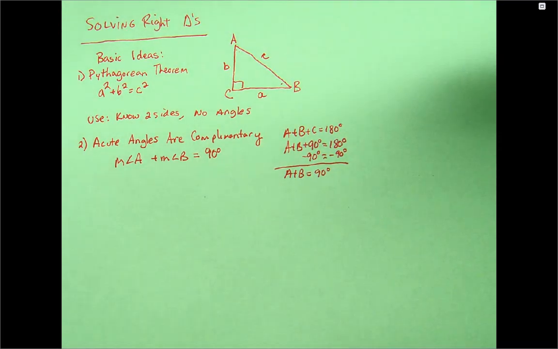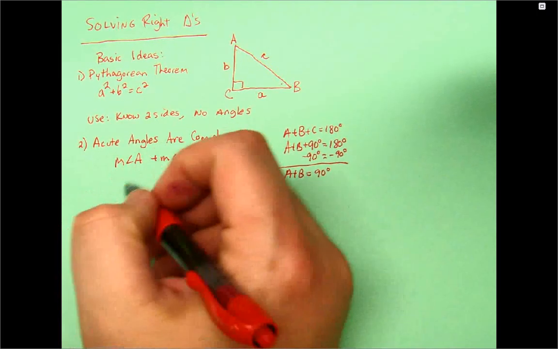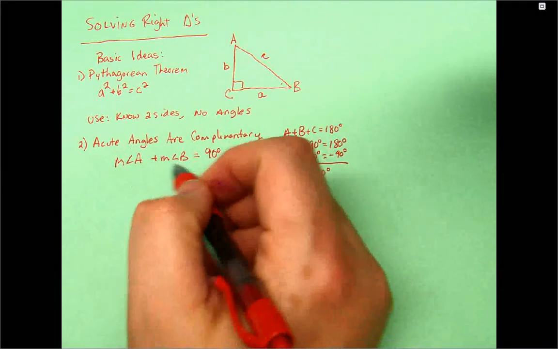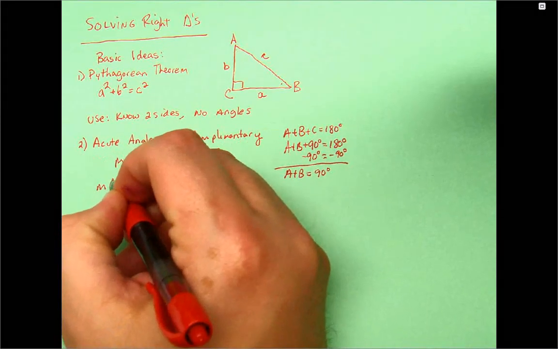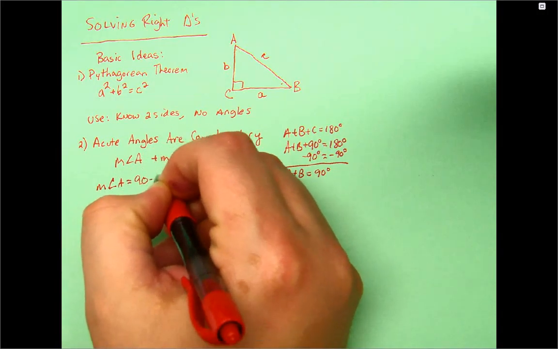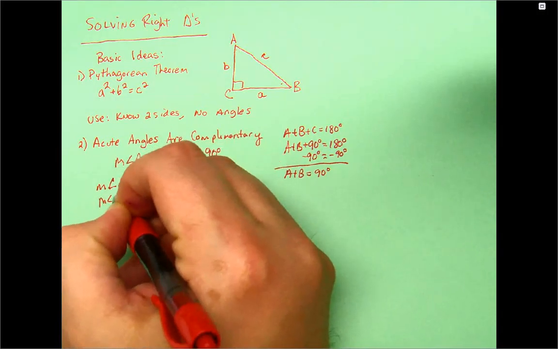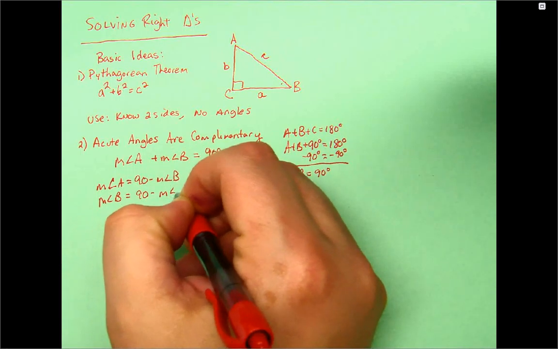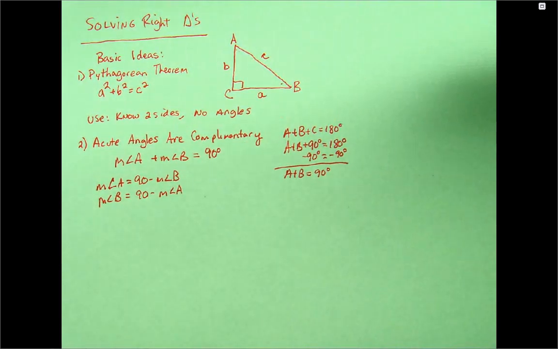So those two acute angles, if you know one of them, the biggest thing that we get from this is, for example, the measure of angle A is equal to 90 minus the measure of angle B, or the measure of angle B is equal to 90 minus the measure of angle A. So all we have to do is subtract the angle value from 90 degrees, and you can figure out your other angle, which is nice.